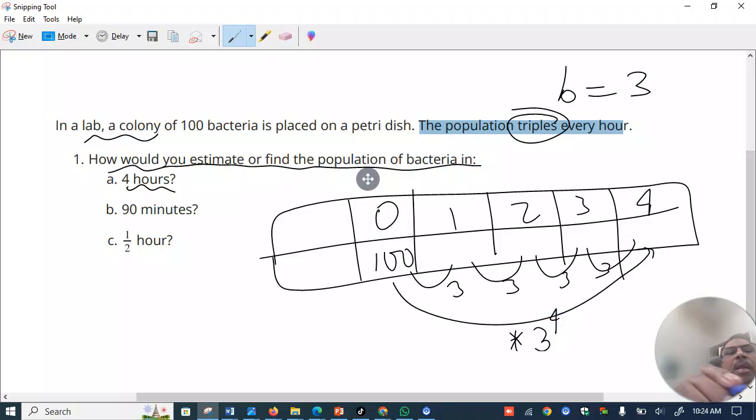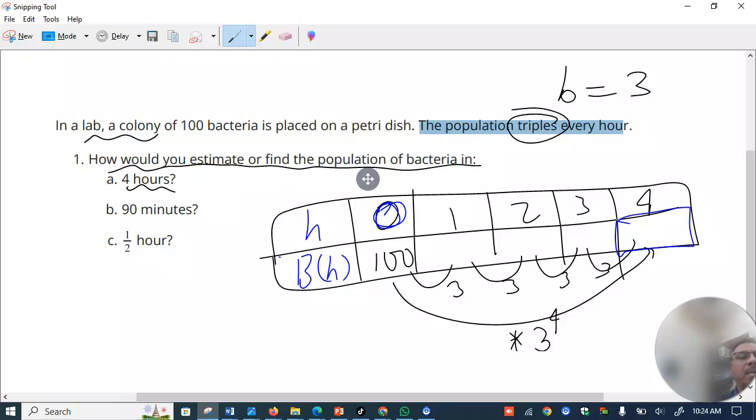If H stands for the number of hours since the bacteria was counted, and B of H stands for the number of bacteria, how many times do you multiply 3?